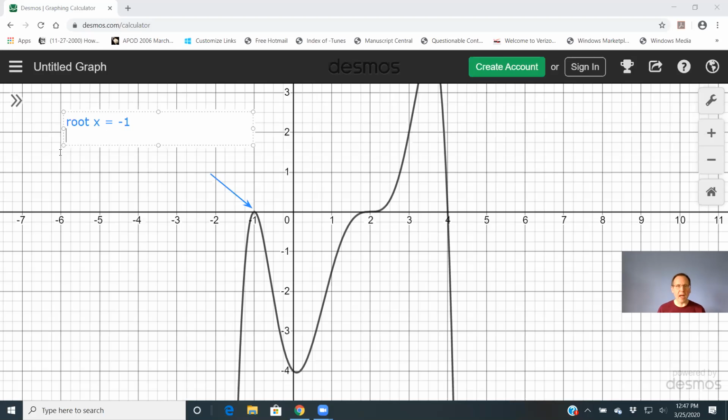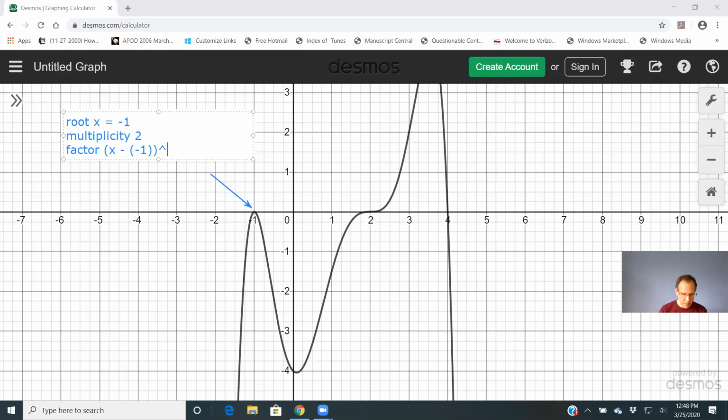And if we look at the behavior of the graph near that root, it looks like a parabola, right? Like a quadratic. So in this case, it has multiplicity 2.